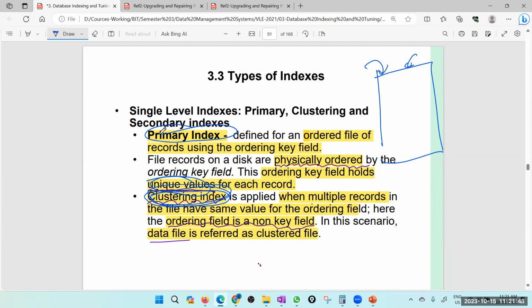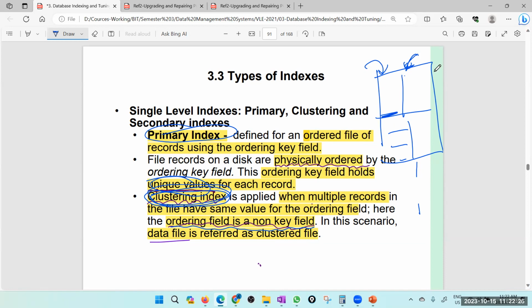But if there's a special need, you can order your data file by a different field, maybe by department number. Then department 1 records are here, department 2 records are next, and so on. When you insert, if there's another employee with department 1, you insert it here. That is called a clustering index. The ordering field is a non-key field, physically ordered.